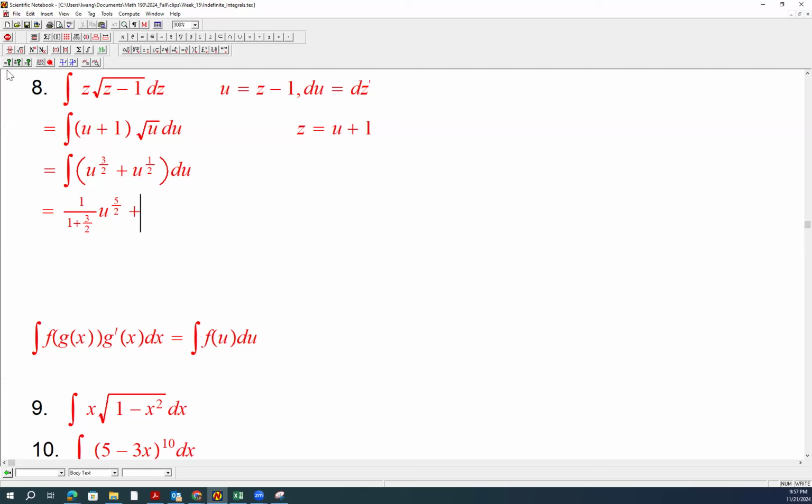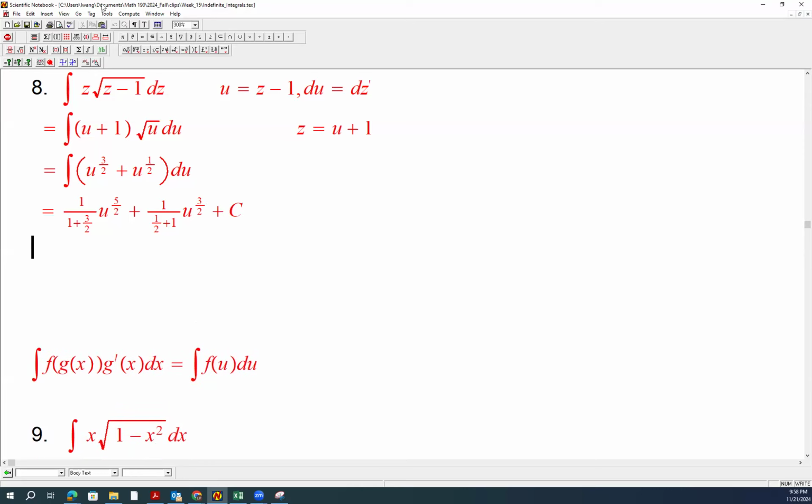And the other one is 1 over half plus 1, u raised to the power of 3/2. Don't forget the constant here, plus the constant.